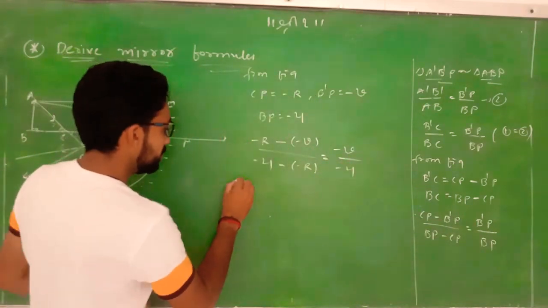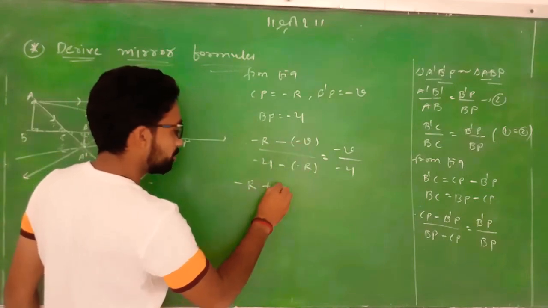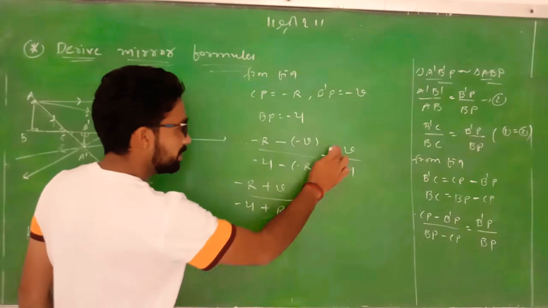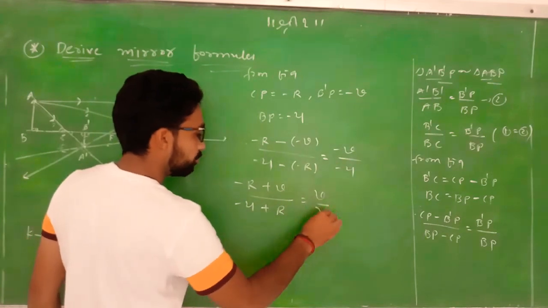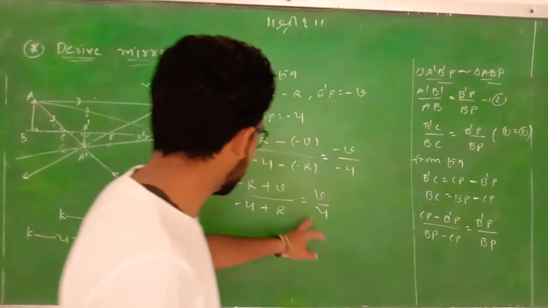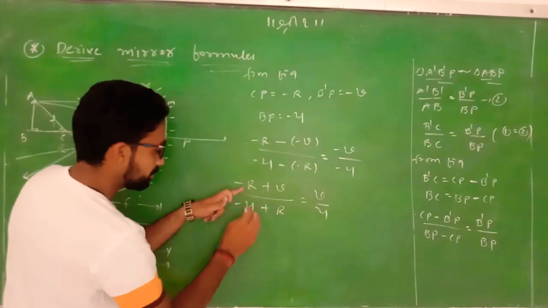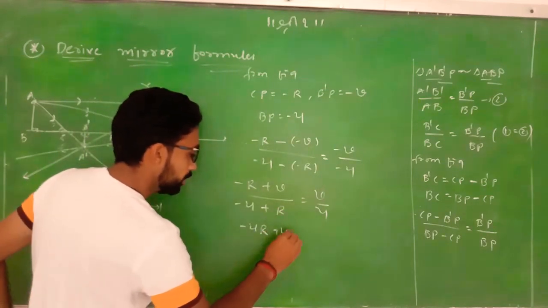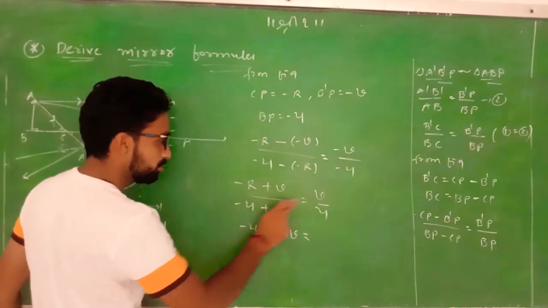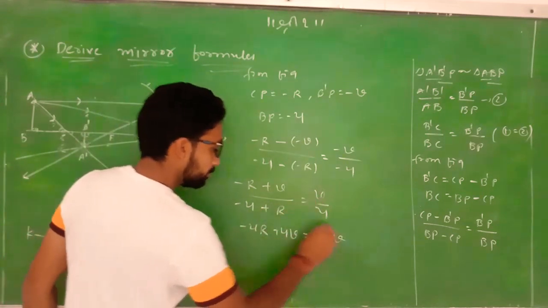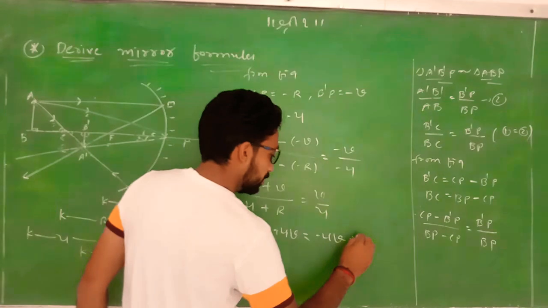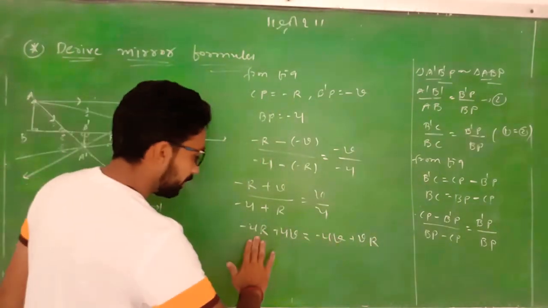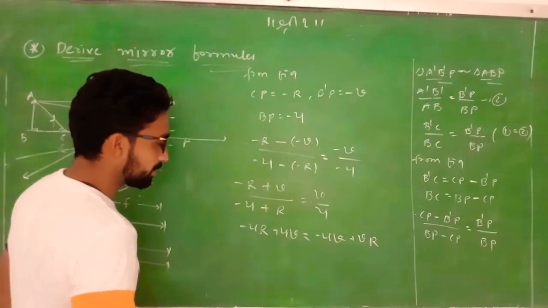So this one is minus R minus plus V divided by minus U minus plus R. This minus cancels, you get V by U. Now take the cross product. So U is multiplied first here, so minus UR, then plus UV is equal to minus UV plus RV plus VR. Now take the R term on one side and UV terms on one side.